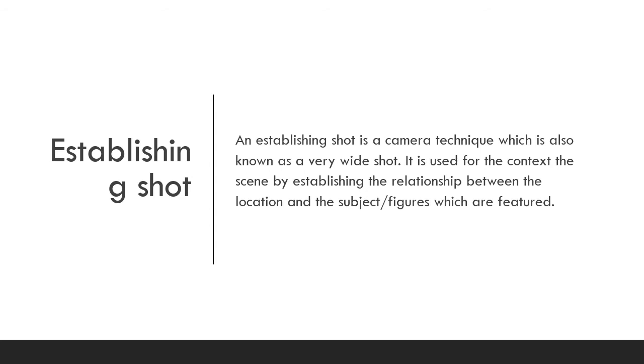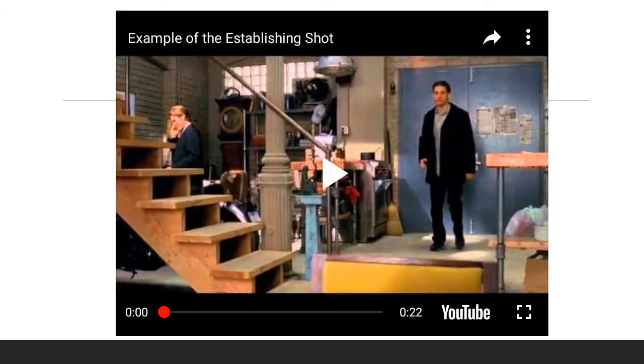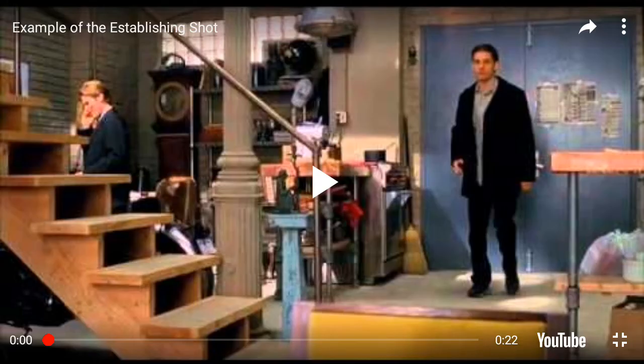There's lots of trees and surroundings and there's a river. You see the woman, and why she's in that forest. You need to know the reason why they're in there. What's the point of it happening? So here is an example of an establishing shot.